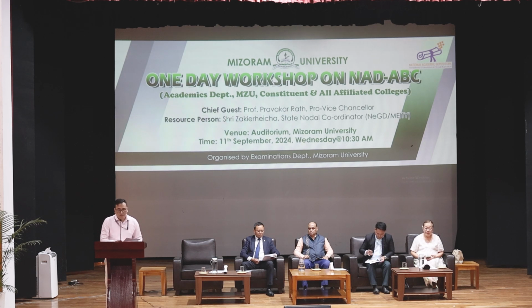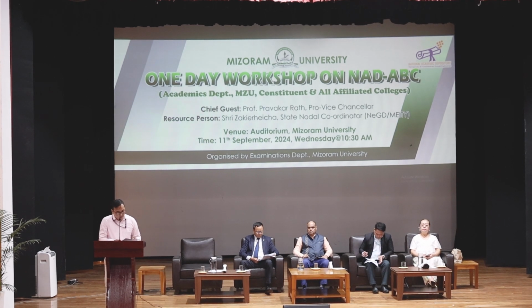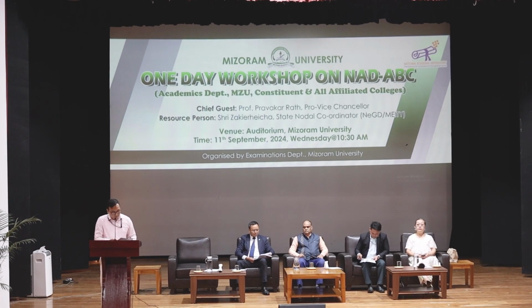We may also know ABC by 3 A's, as we usually call it in short form. The first one is allocation, which means credits are assigned to the qualifications or the programs. The second is accumulation, where the student accumulates the credits towards the qualifications. And the last one is awarding.